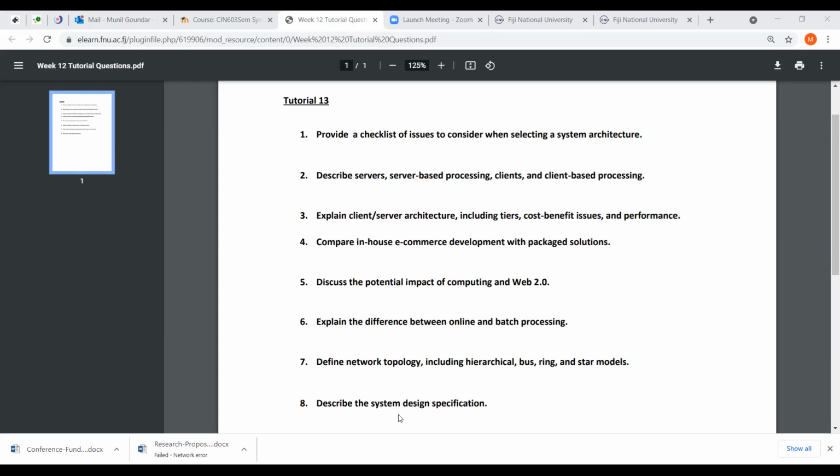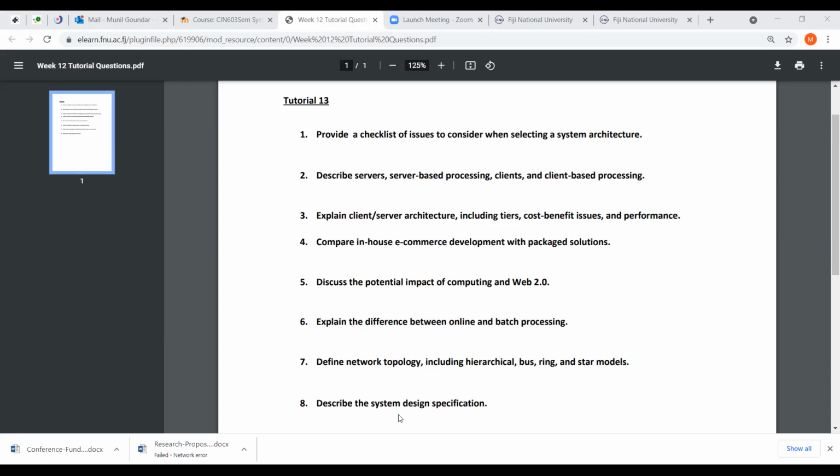It is one or more computers connected to a server.